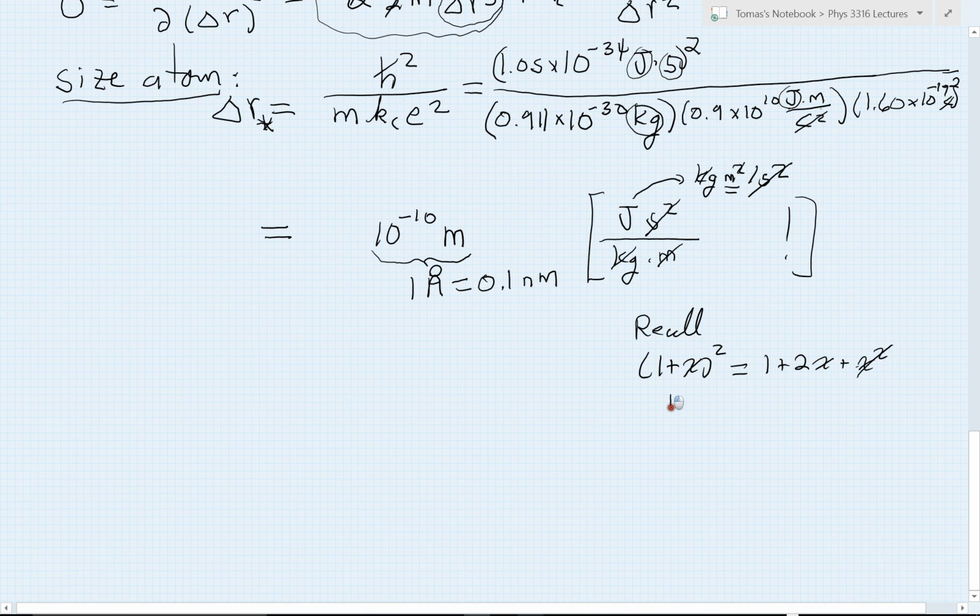But you will also recall that 1 over 1 minus x is about 1 plus x. There's a geometric series there, right? So if 0.9 is just 0.1 short of 1, then 1 over 0.9 is going to be 1.1. So I had 1.1 on top, and then I'm multiplying by another 1.1. That's 1.2 so far. Now I have to divide by another 0.9. So again, I multiply by 1.1.